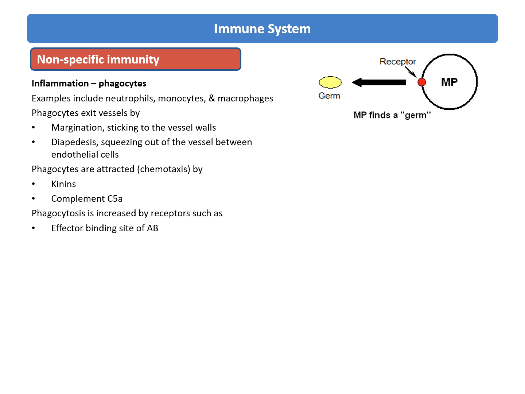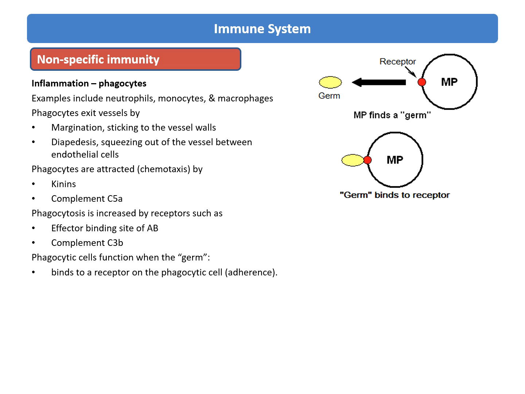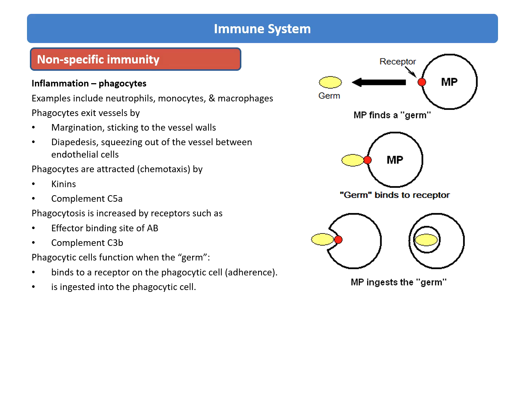We haven't introduced them yet. We will. Complement C3b, that's another one of those. That increases phagocytosis. Phagocytic cells can function when the germs bind to the receptor on the phagocytic cell. This is called adherence, and the germ then is ingested into the phagocytic cell. It then is digested.